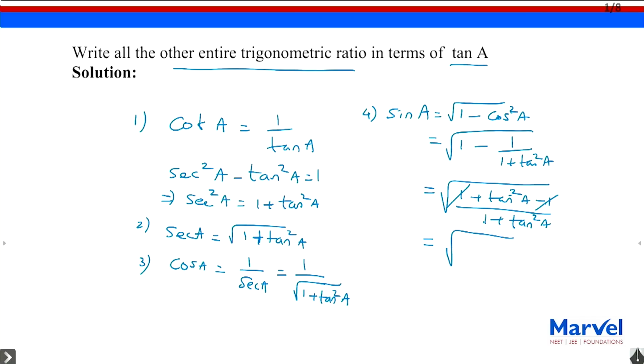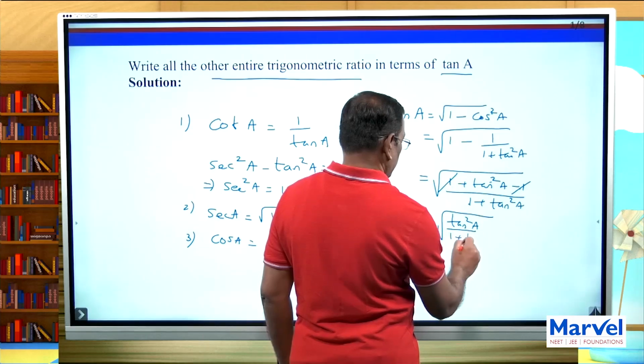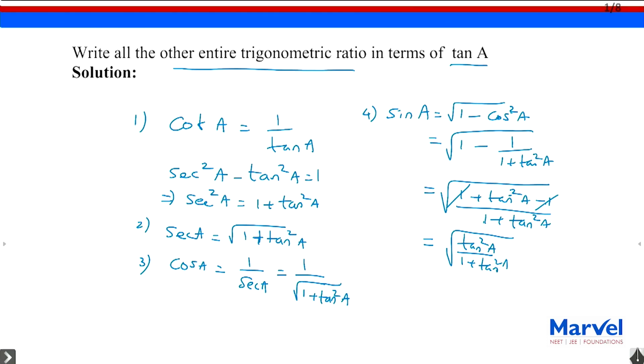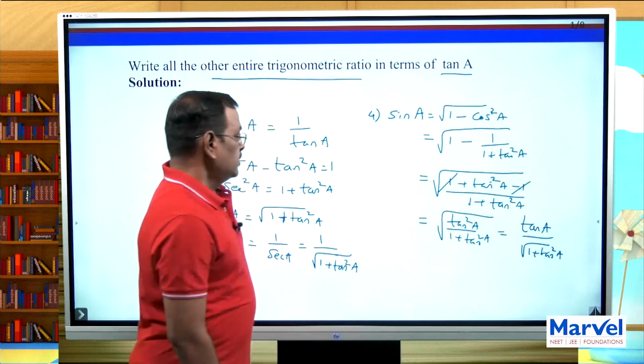The answer is tan square A by 1 plus tan square A, so sin A is equal to tan A by root of 1 plus tan square A. This is the fourth function.